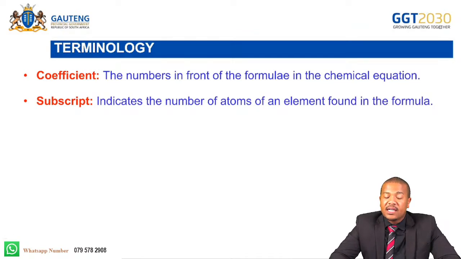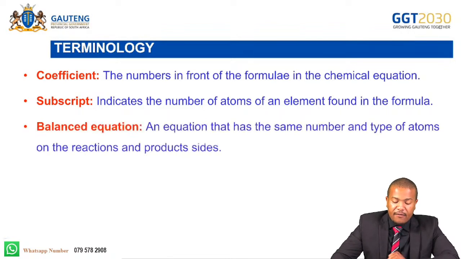The subscript is the number that indicates the number of atoms of an element found in the formula. So bear in mind the differences between coefficient and subscript. Coefficient is the number in front of the formula in a chemical equation, whereas the subscript indicates the number of atoms of an element found in the formula, and we'll talk more about that today.